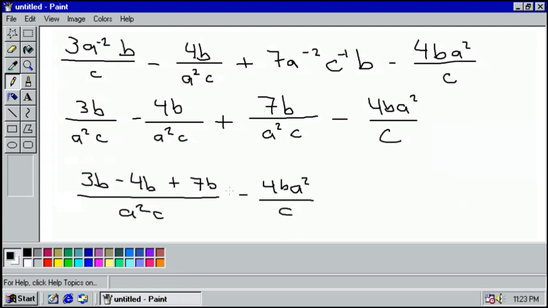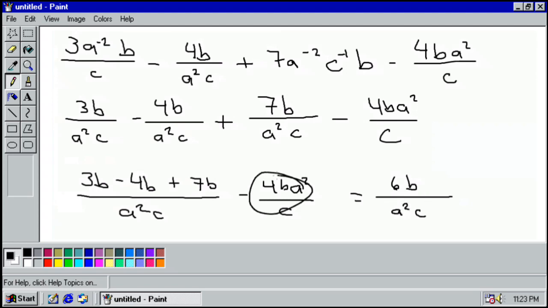Okay, so 3b minus 4b plus 7b is just the same as 3 minus 4 plus 7. So 3 minus 4 is negative 1. Negative 1 plus 7 is positive 6. Since we have b, let's have 6b, and we have a squared c.